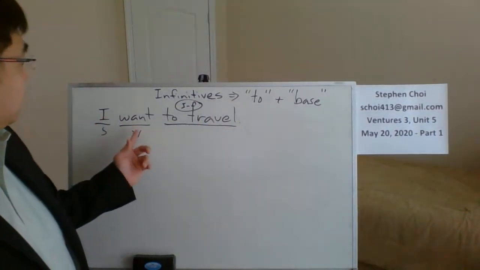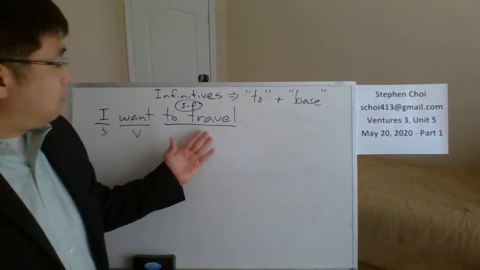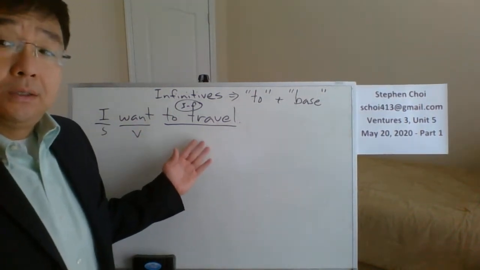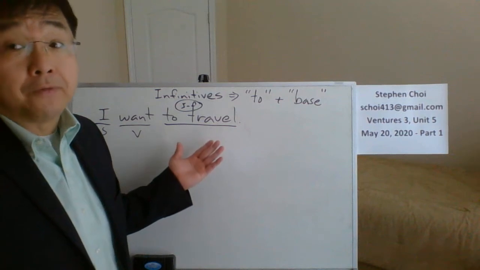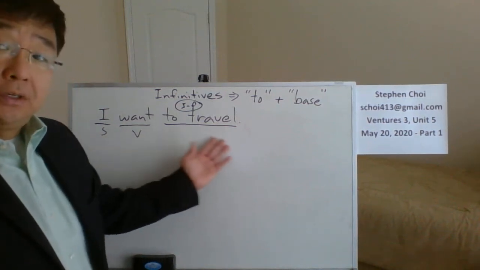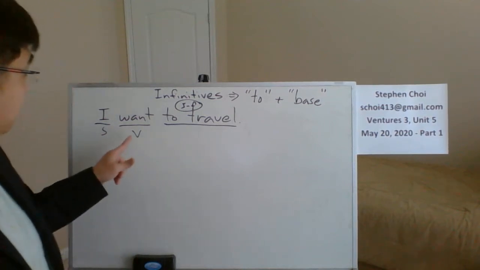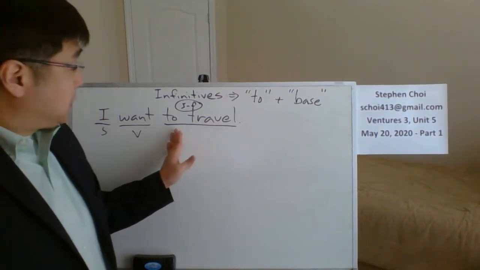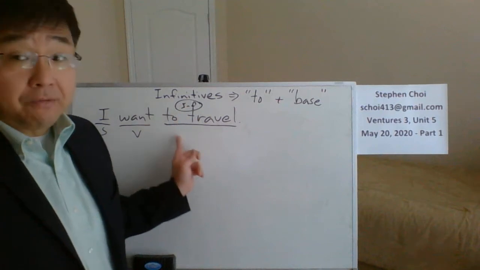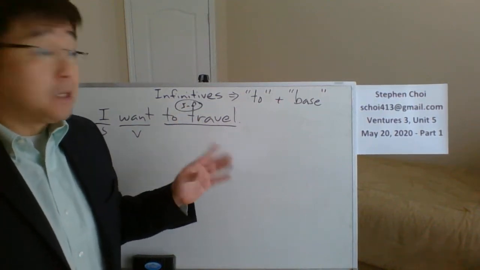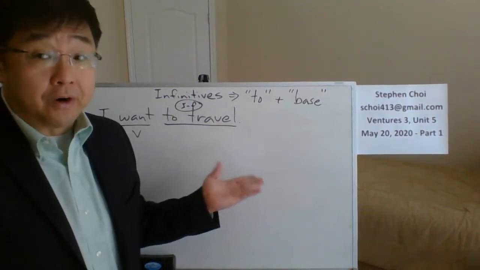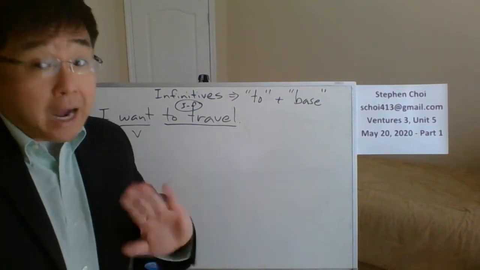Now, what part of speech do you think this is? Remember, the verb is want. Now this looks like a verb, right? Infinitives look like verbs because they come from the base form of the verb. But they're not verbs.